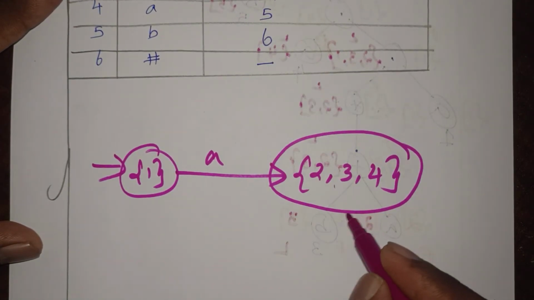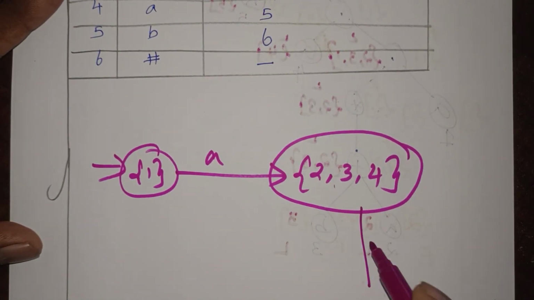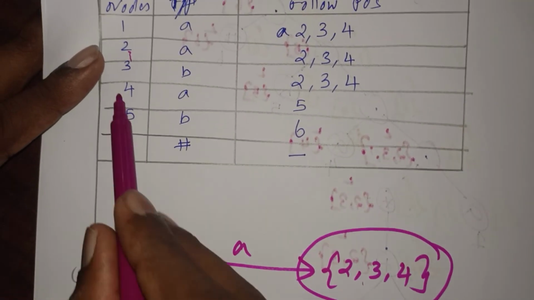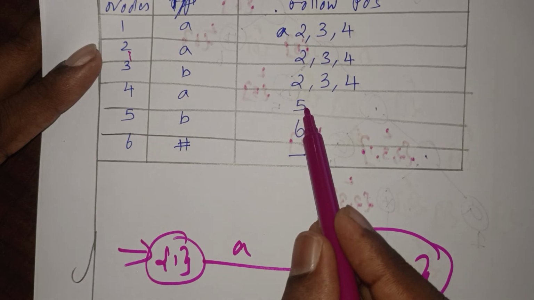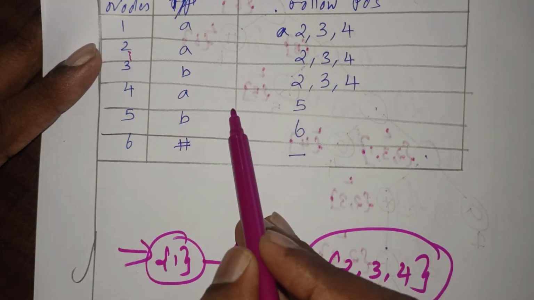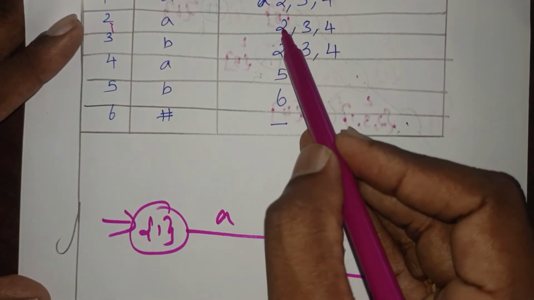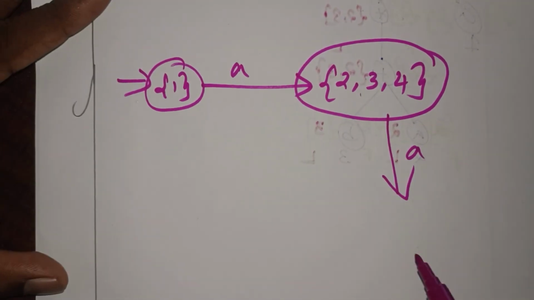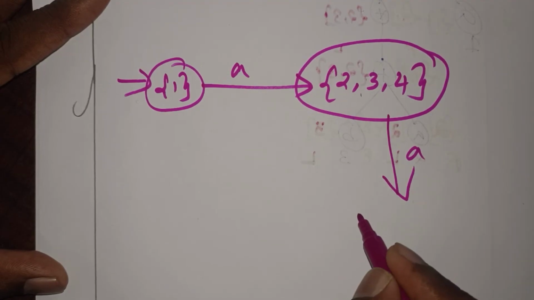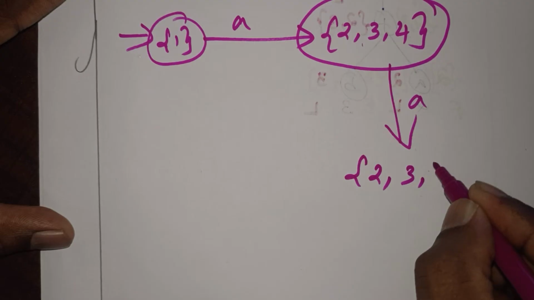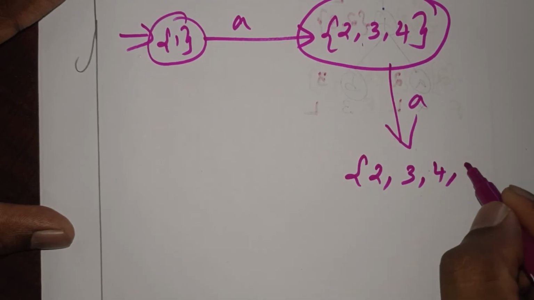Got it? So now what I'm drawing here is, 2 is taking A and 4 is also taking A to reach node 5. So I'm going to union both of these follow positions. What is the union? 2, 3, 4 and 5. That is a new set, the union of these. Got it? So I'm going to draw this 2, 3, 4 and 5.